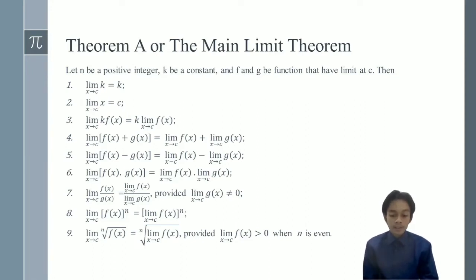This states that the limit of the nth root of a function is simply the nth root of the limit of the function, provided that if n is even, the value inside the radical sign should be greater than 0.